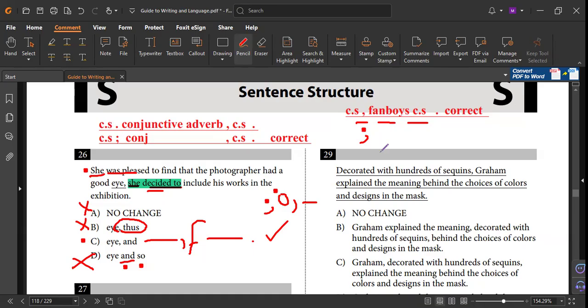Another exception, as I told you, we can delete the comma if one of these clauses is not complete, a fragment, for example. The fragment lacks a subject, it lacks a verb, whatever. Even the one that's after the fanboys. If one of them is a fragment, or both of them, we should delete the comma, because fanboys are not only used to join clauses.